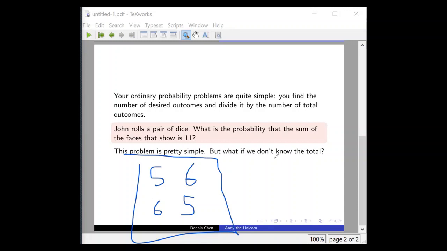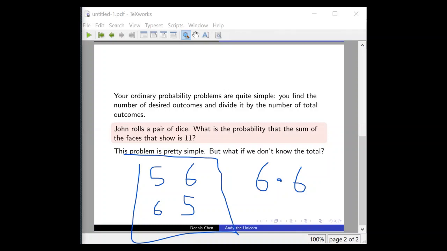Now, when it comes to total outcomes, we have to make sure that the way we count it is consistent. You guys might be thinking this is completely obvious, we know how to do this problem, but it will come into play very soon. So you have 6 times 6, because the first die can roll any of 6 and the second die can roll any of 6. They're independent. So this is 2/36 or 1/18.